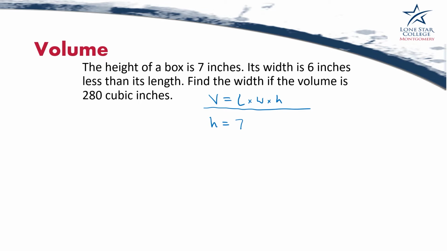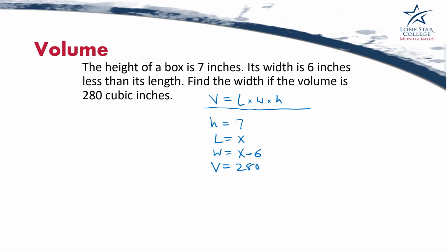We don't know the length or the width, but we know that the width is 6 inches less than the length. So whatever the length is, you subtract 6 to get the width. So let's call the unknown length x. Then the width would have to be x minus 6, because our length is our independent variable. And then we know the volume is 280.